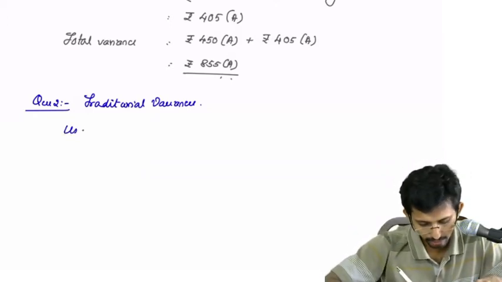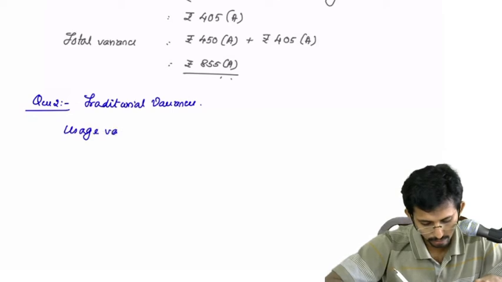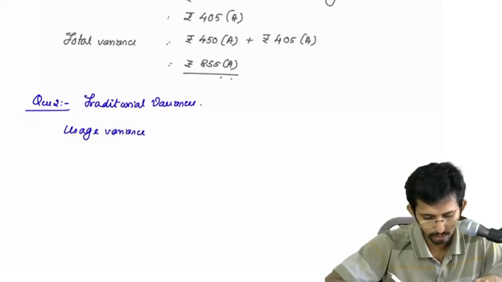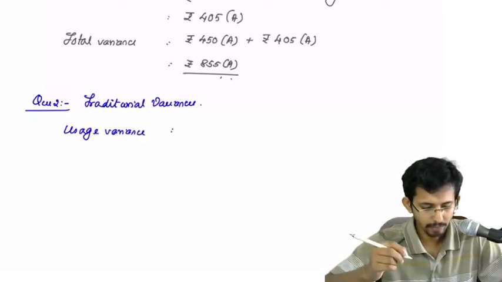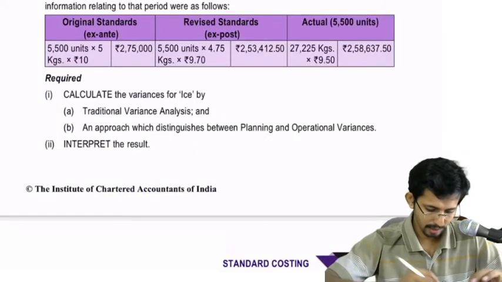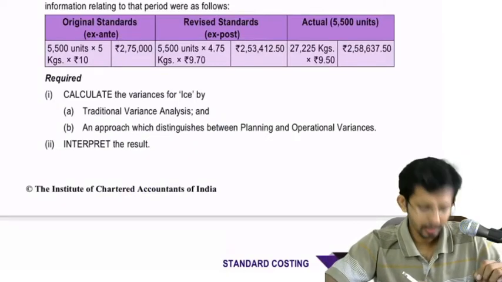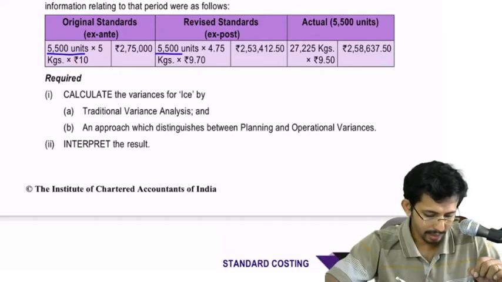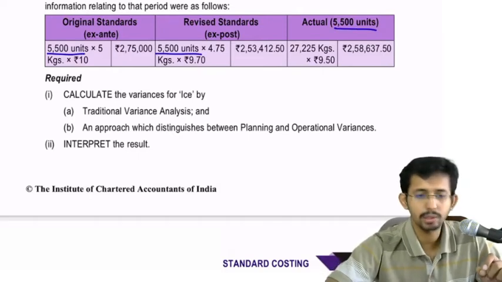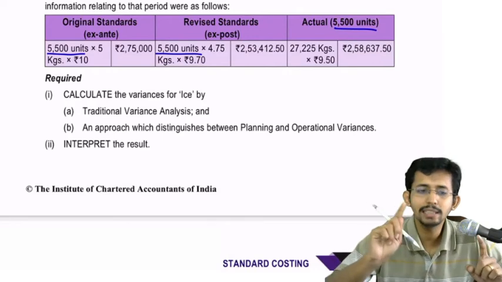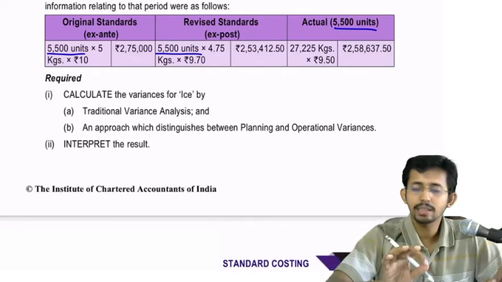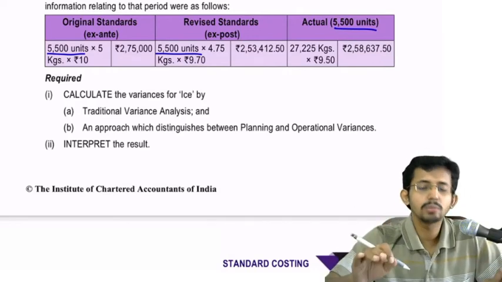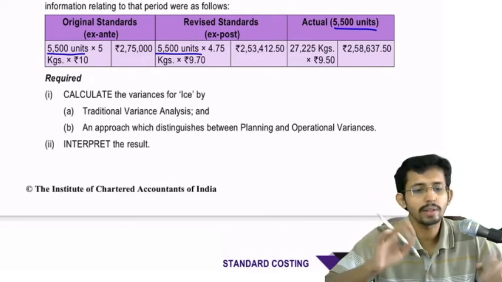So first we will take usage variance. How do you compute the usage variance? What was the original planned production? It was 5,500, revised also 5,500, and actual also 5,500. So there is no change in the production plans. Budgeted 5,500, and actual production was also 5,500.